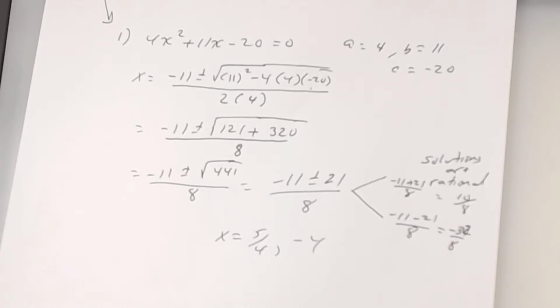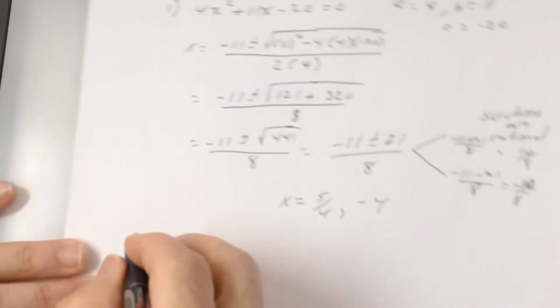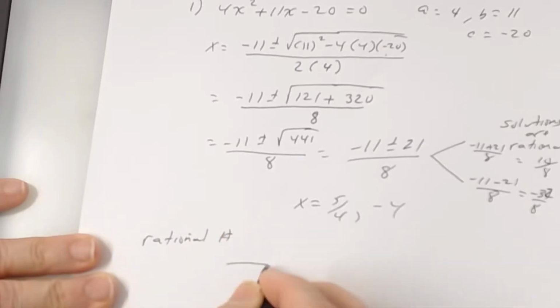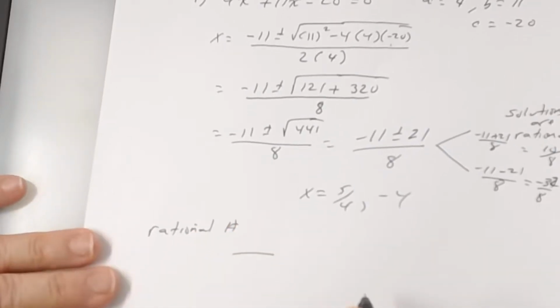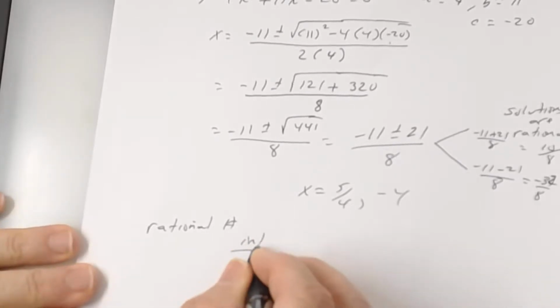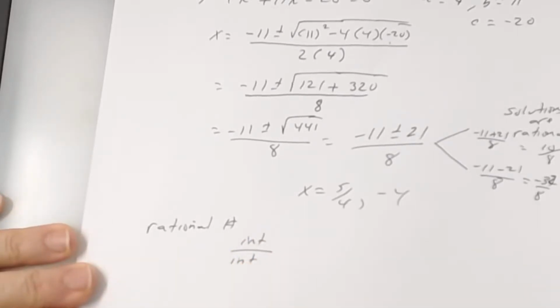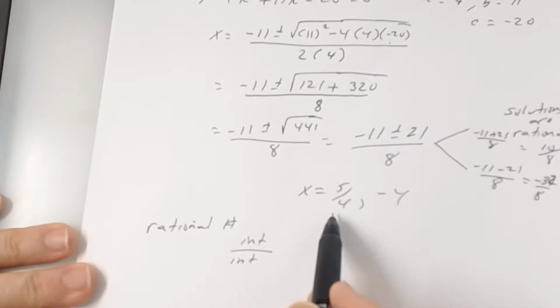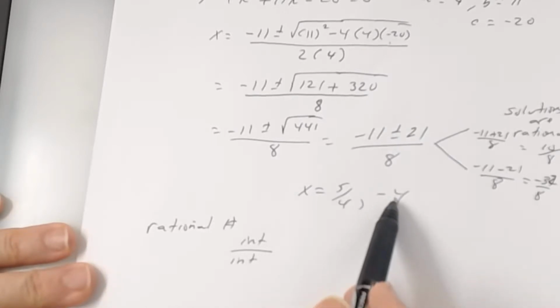Now, those are rational because remember, a rational number can be written as a fraction where you have an integer divided by an integer. Is 5 an integer? Yes. Is 4 an integer? Yes. Is negative 4 an integer? Yes.